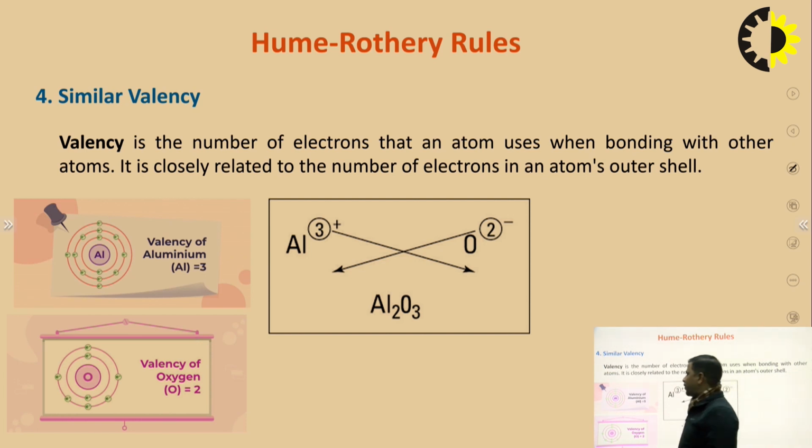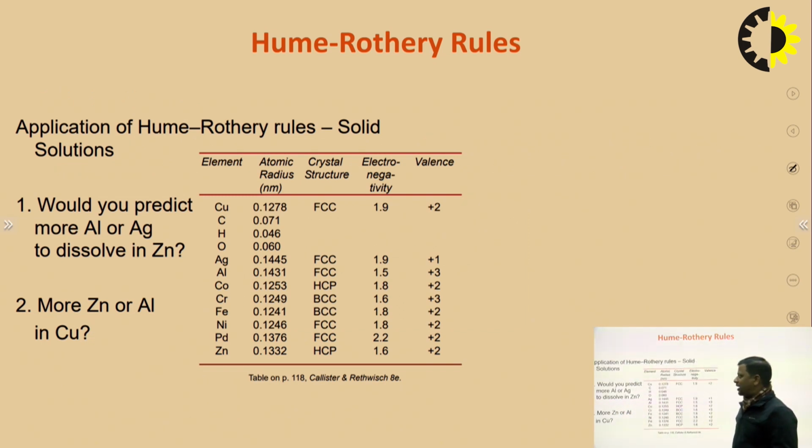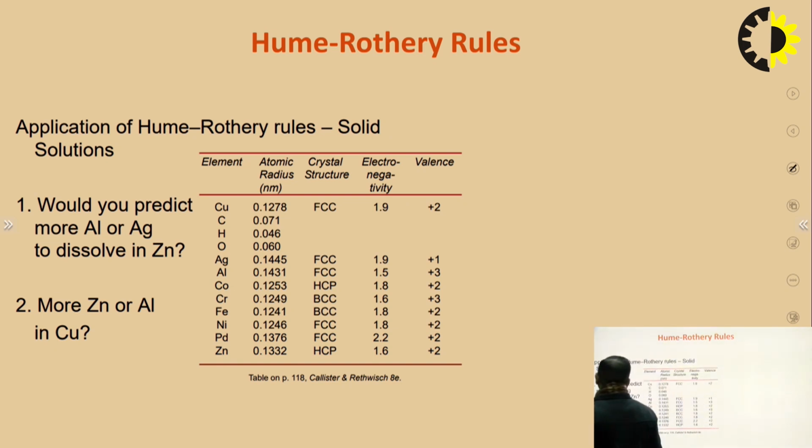So we can quickly revise all these 4 rules by targeting this problem. See, here one table is there and we are trying to predict: would you expect more Al and Ag to dissolve in zinc, or more Zn and Al in copper?